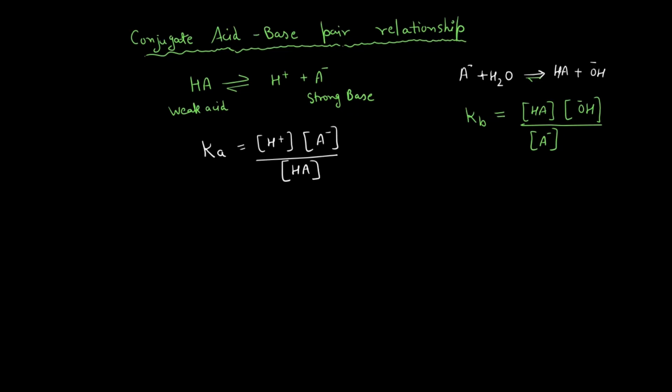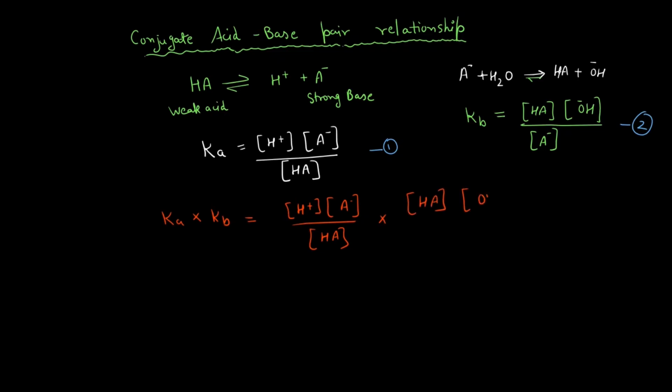Now if we multiply these two equations, equation number 1 and equation number 2, what will we get? We will get Ka multiplied by Kb equals concentration H plus ion into concentration A negative over concentration HA, multiplied by concentration HA into concentration of OH negative ion over concentration of A negative.